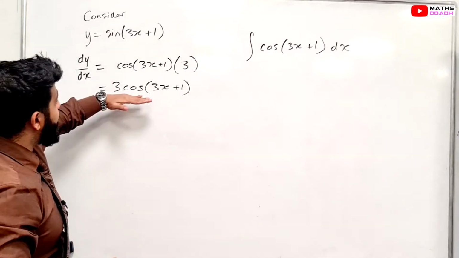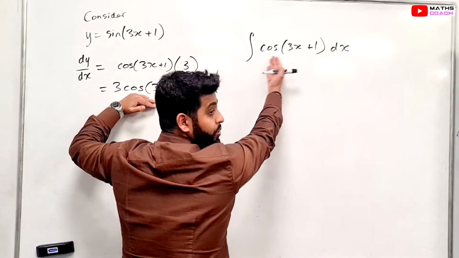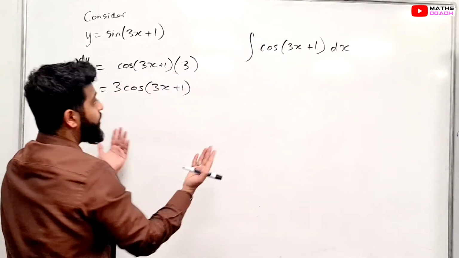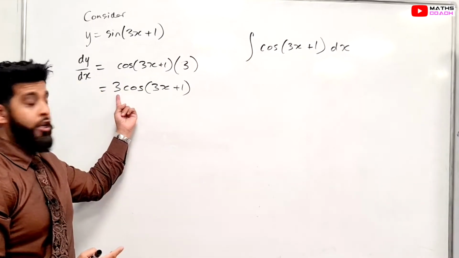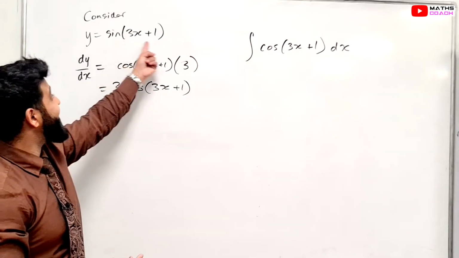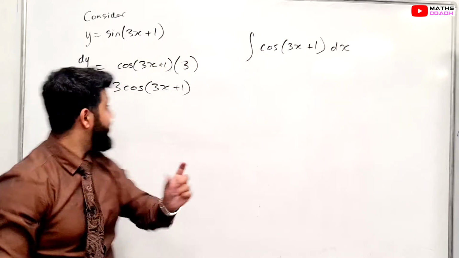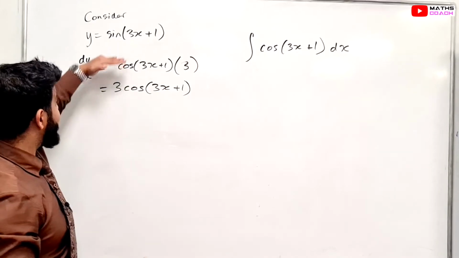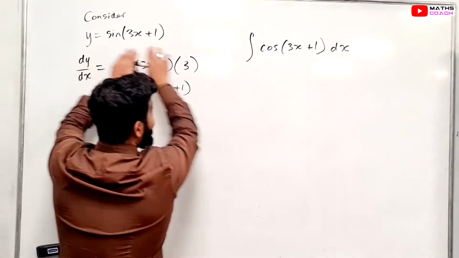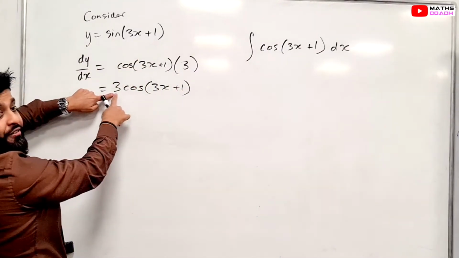Now, if you compare the differentiation to what you're trying to integrate, what do you notice? That this one doesn't have a 3 like this one. So we can say that this is the integration of this one, but we need to make a little correction, which is to get rid of the 3. Currently, when you differentiate this, you actually get the 3, and you don't want the 3.